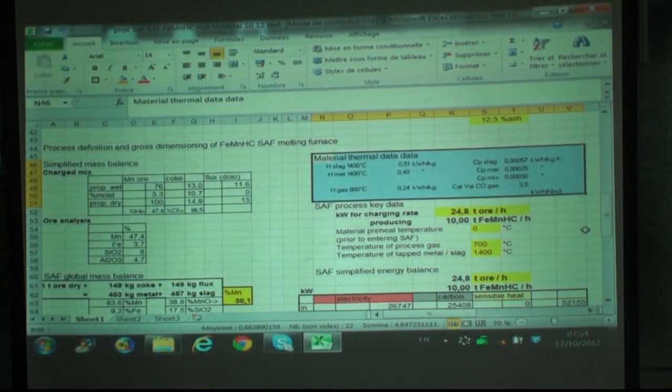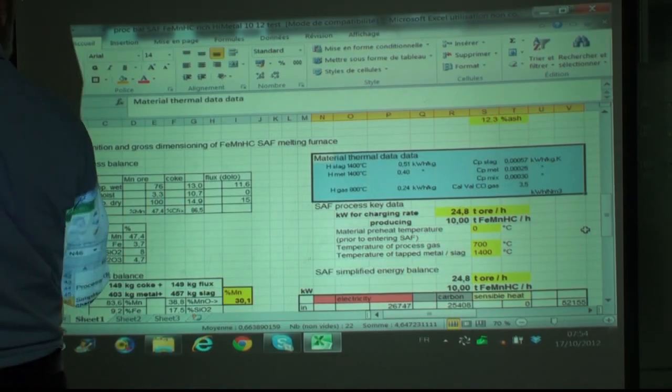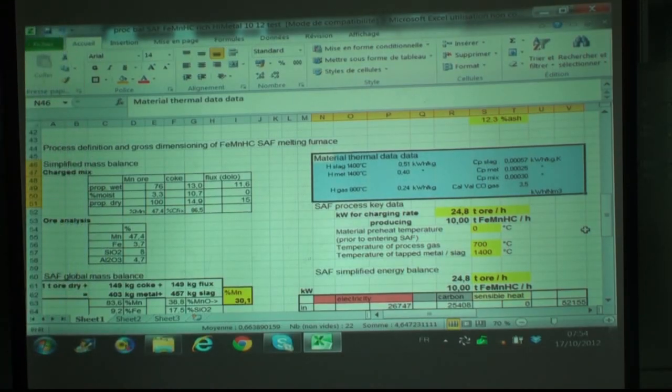Meaning, let's take an example. Metal at 1400 degrees. The enthalpy, meaning the sensible heat content, is 0.4 kilowatt hour per kilo.